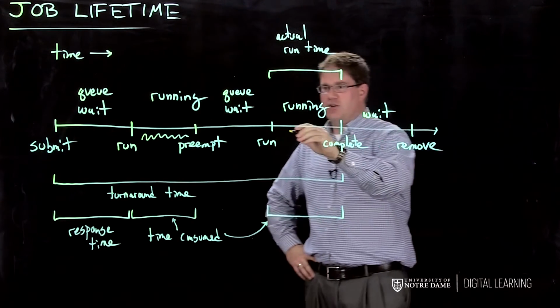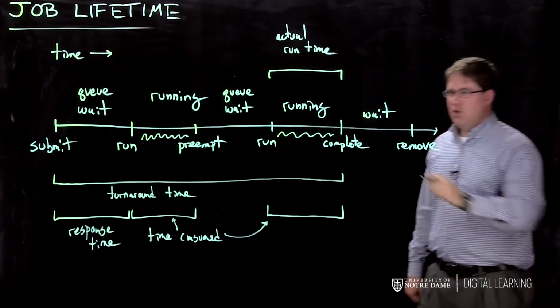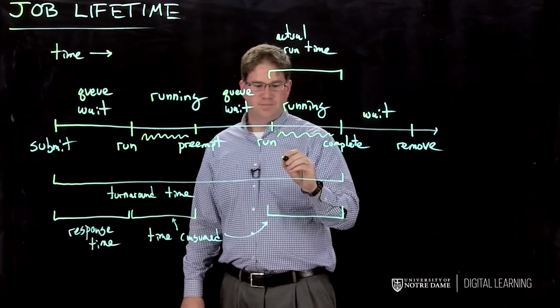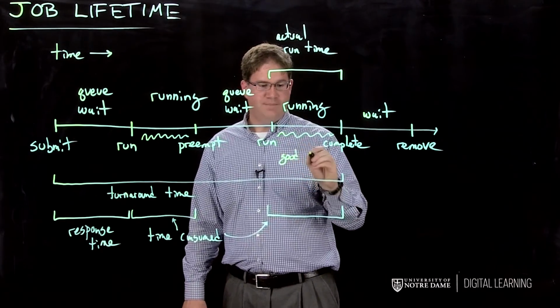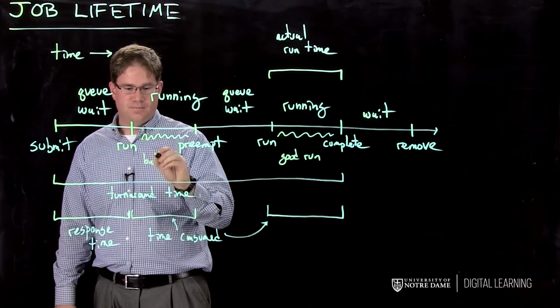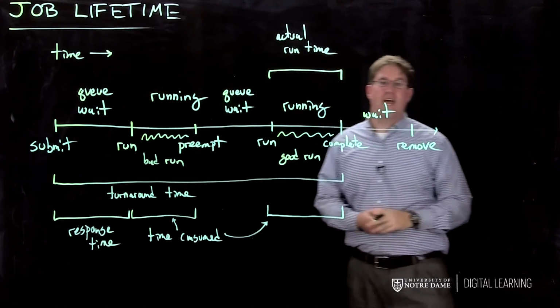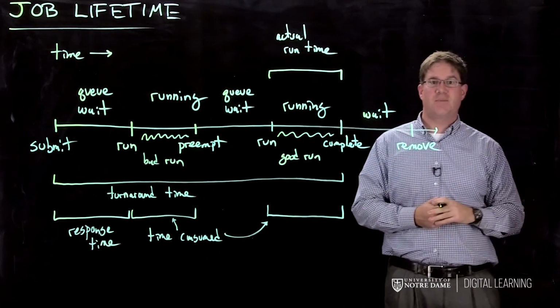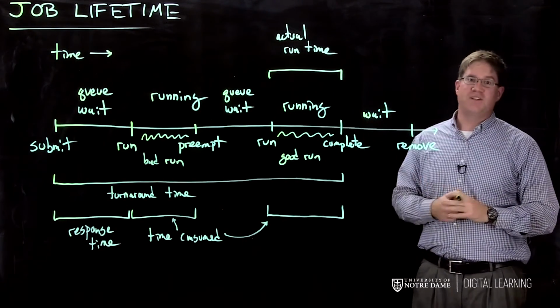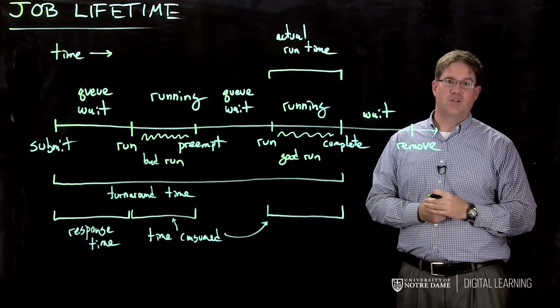Whereas this interval here was useful for good work. So we have names for those as well. We'll call this area of runtime the good runtime, and this over here the bad runtime. Obviously, the good runtime contributed to successful results coming out of the cluster, whereas the bad runtime consumed resources, but it didn't actually contribute to useful results.